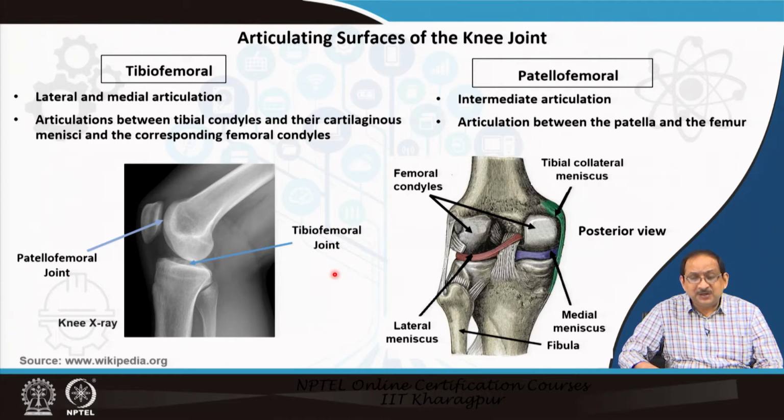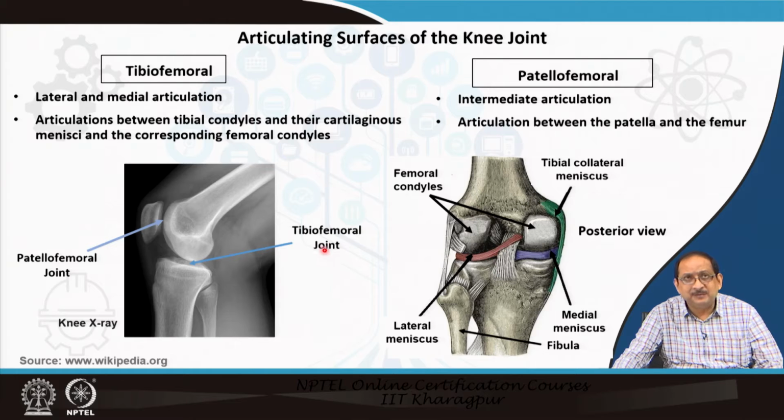The articulating surfaces of the knee joint are presented in this slide. We have a tibiofemoral articulation, indicated here. Basically, it is a lateral and medial articulation between the condyles of the femur and the corresponding condyles of the tibia.